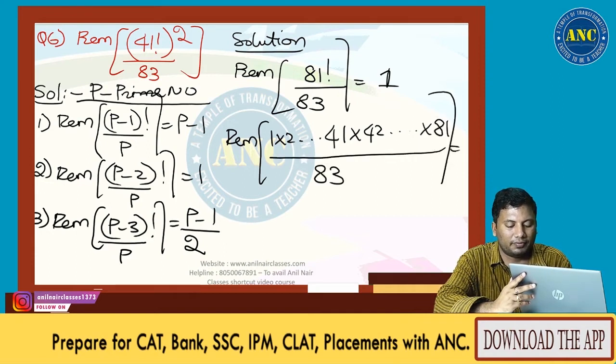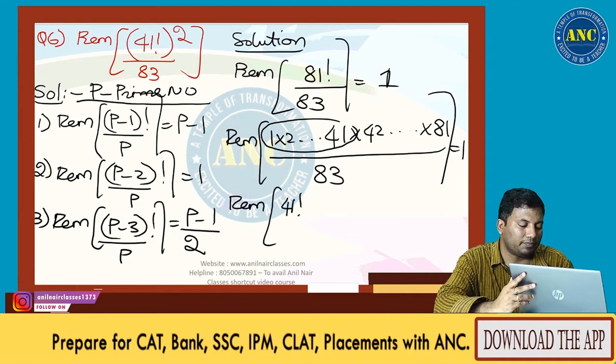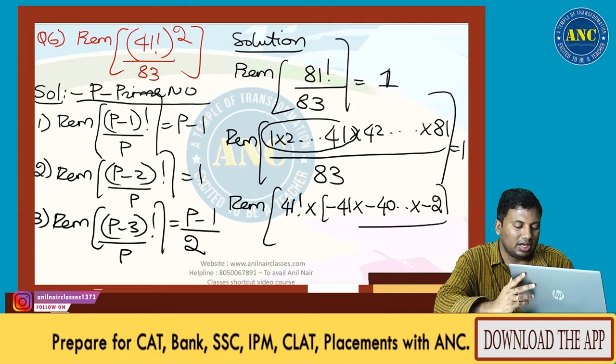It is 1. 1 into 2 till 41 is nothing but 41 factorial. 42 is 43 minus 1, 43 is 83 minus 40, and so on, 81 is 83 minus 2.